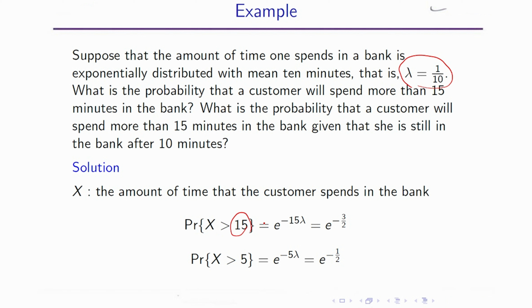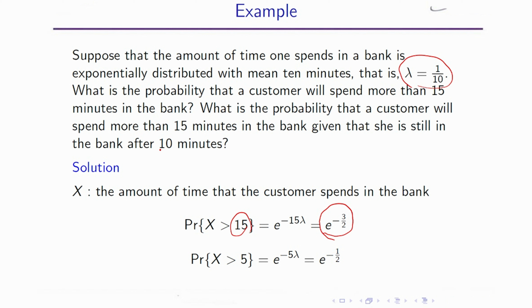Because X is exponentially distributed, this is e to the minus 15 times lambda, and lambda is 1 over 10, so it turns out to be e to the power of minus 3 over 2.